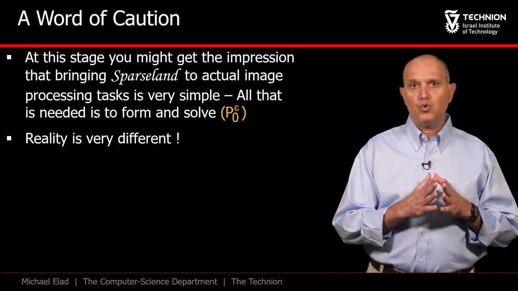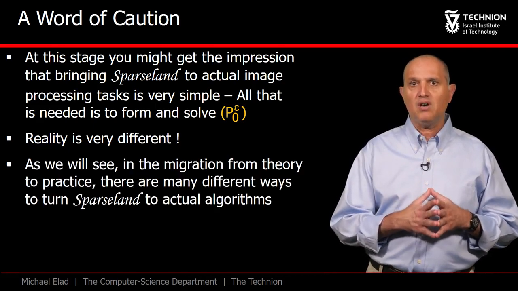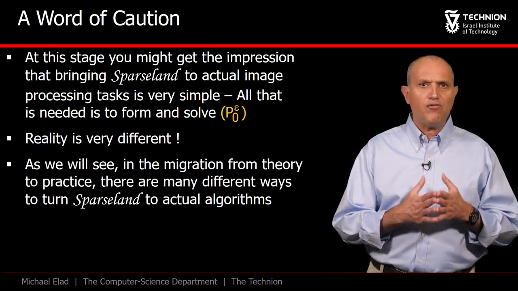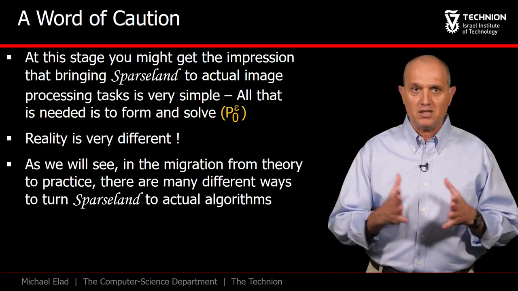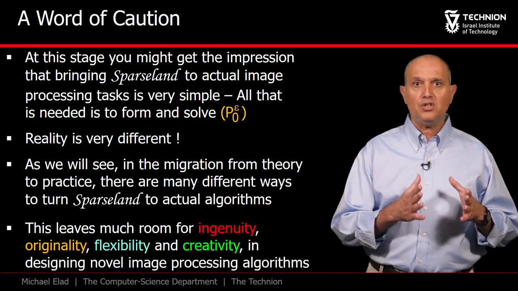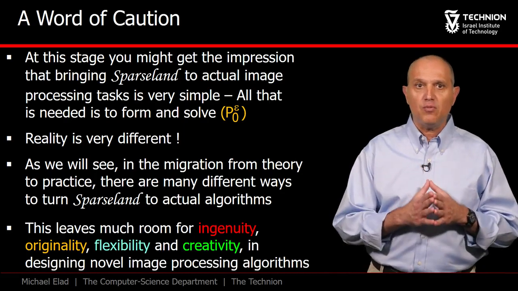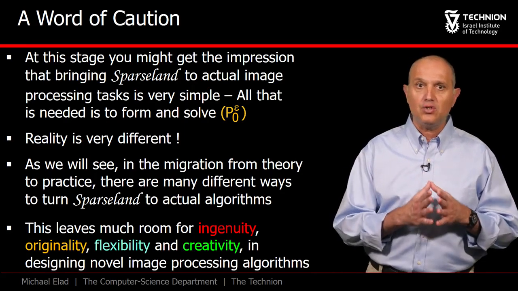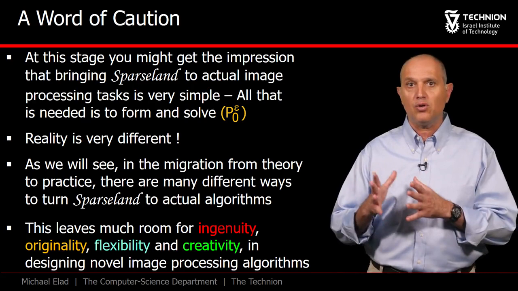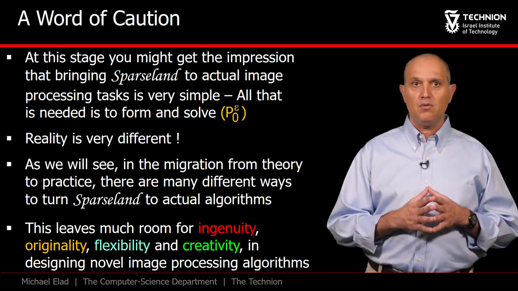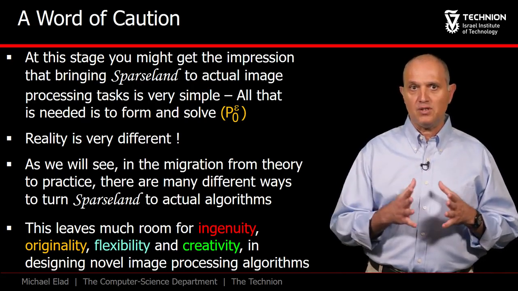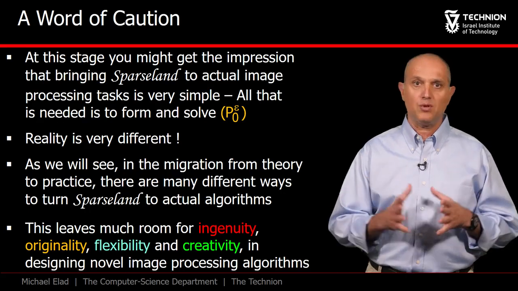As we move to true applications, we will discover that there are various ways and a lot of flexibility in practicing SparseLand. These are not necessarily bad news. This implies that there is a lot of room for ingenuity and originality also in the applicative part of the work in our field. We will meet this wealth of options as we sweep through a series of image processing tasks.